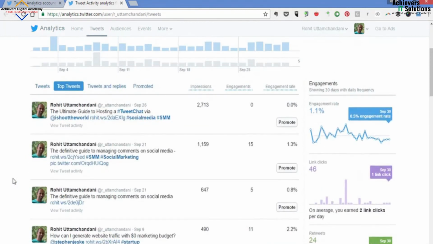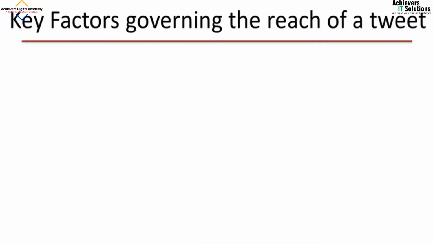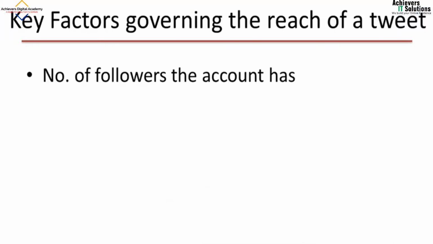Another thing that you guys need to know at this point is what governs how many impressions a tweet will get, what governs the reach of a tweet. There are multiple factors. So the first key factor is the number of followers an account has. An account with a larger number of followers has a larger potential reach.